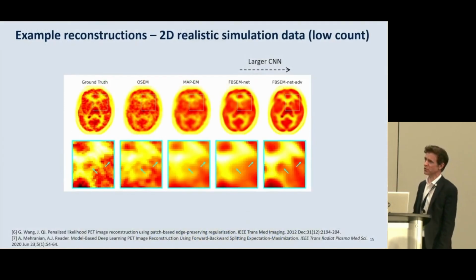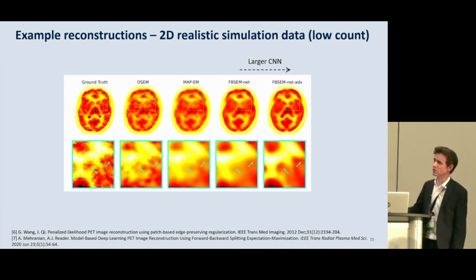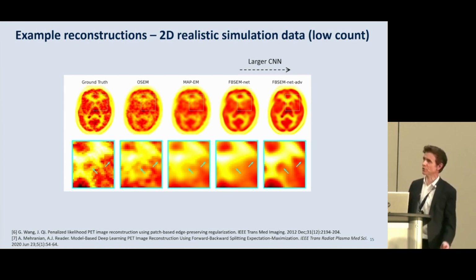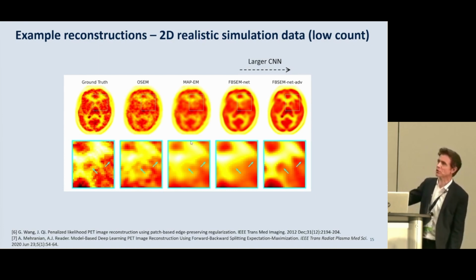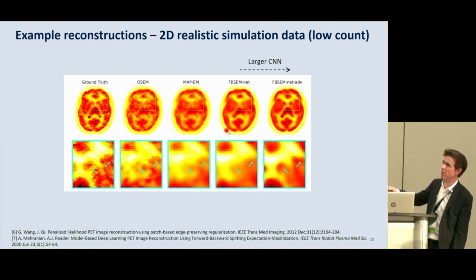So if you do that, these are the kind of results that you get. Borrowed this slide from George with modifications though. So we'd have the ground truth on the left here. This is data fidelity-based OSEM. And then if we do a MAP-EM regularization, this is not using any guidance, we might get a result like this. And then if we do the supervised deep learning approach, we would get results as shown on the right-hand side, which I hope you would agree are outperforming the OSEM and MAP-EM.